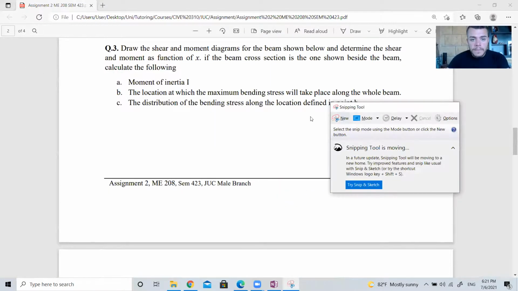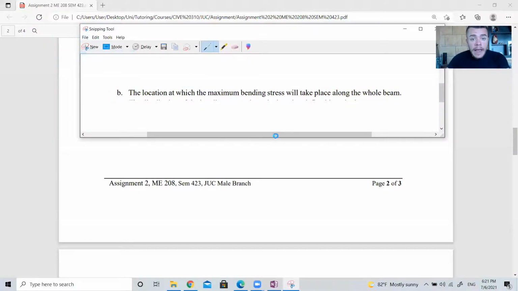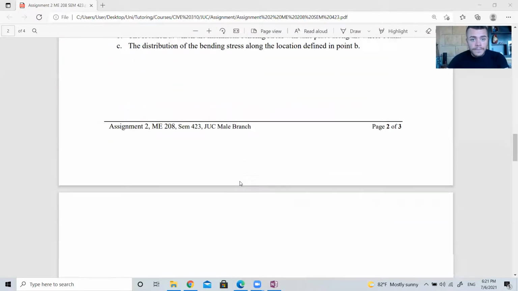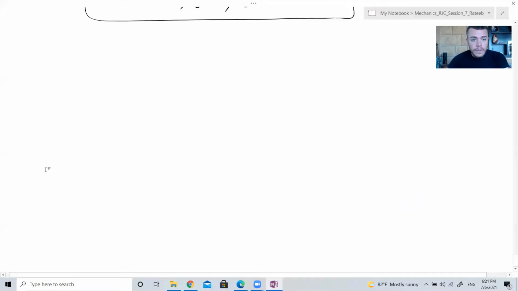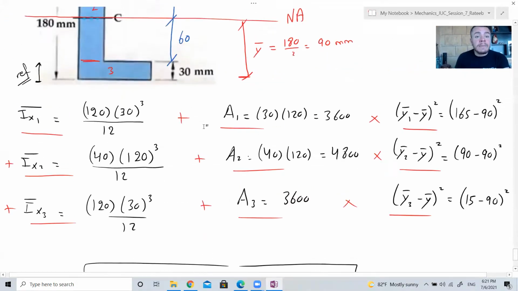Now part B. The location at which the maximum bending stress takes place along the whole beam. Where does the maximum bending stress take place?